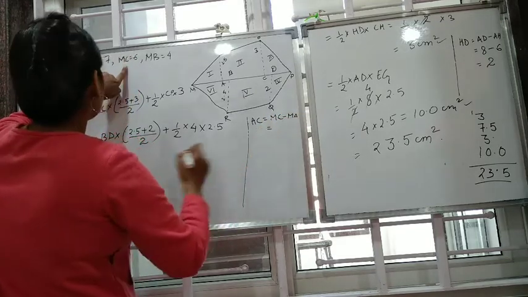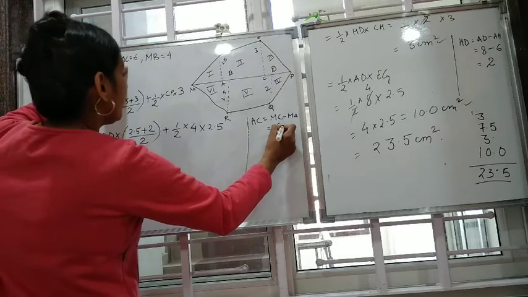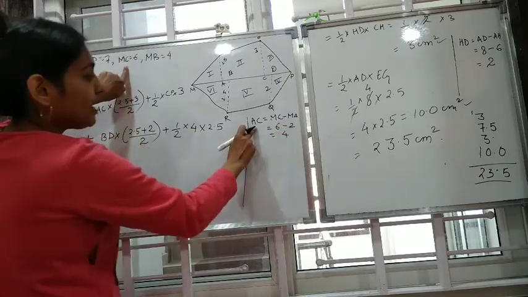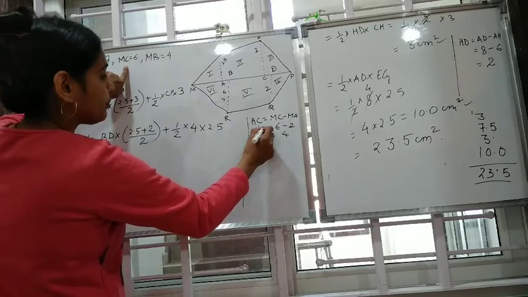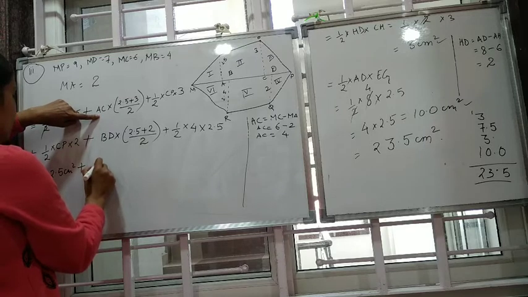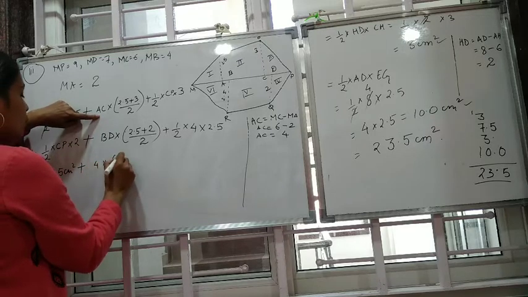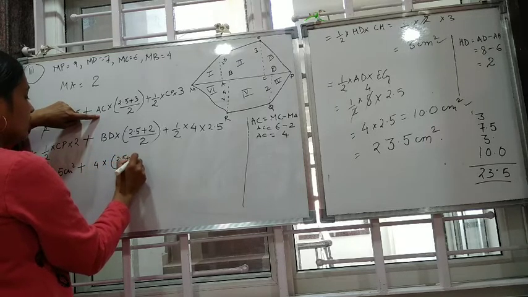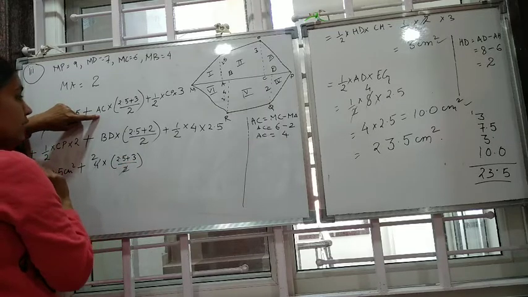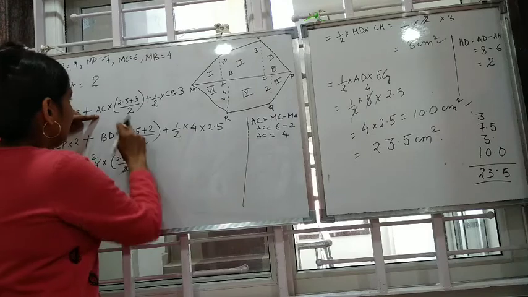Now MC is how much? 6. MA is how much? 2. So AC is 4. Go back. In place of AC, we'll write 4 into 2.5 plus 3 by 2. This 4 and 2 will get cancelled. 2 remains here.